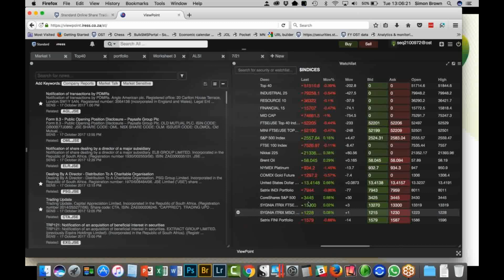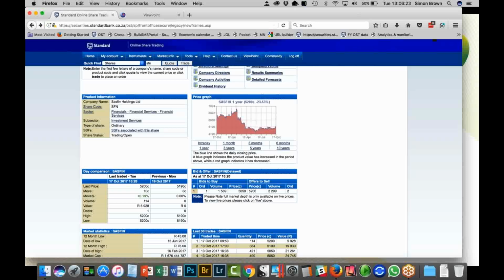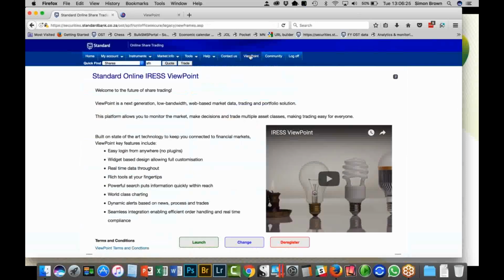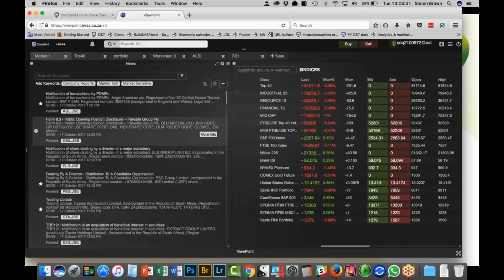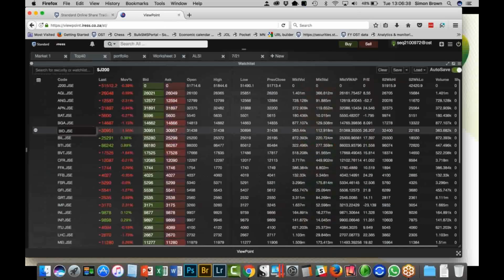Viewpoint, sign up. I think the first month is going to be free. It is much more a trader tool. What I like about it is it is streaming, so it's sending the prices to me. So if I'm looking at the top 40, those are all the shares in the top 40. This is updating in real time as changes are happening at the market.